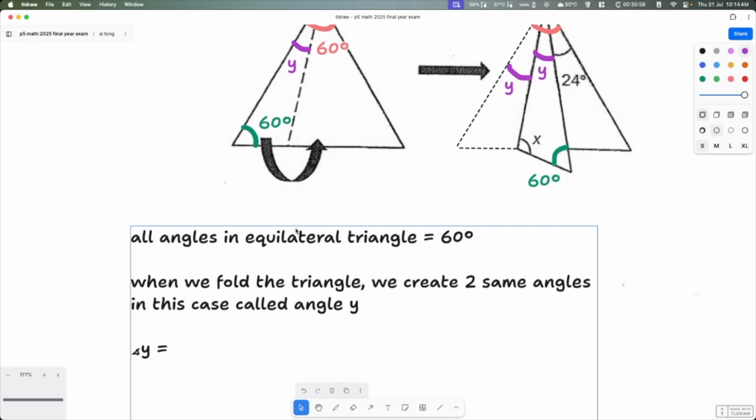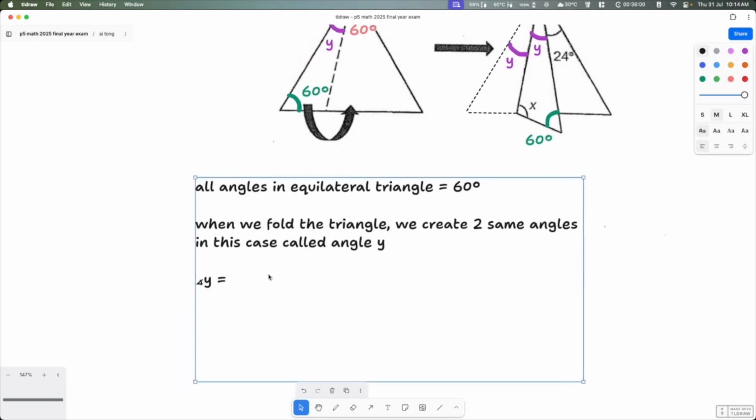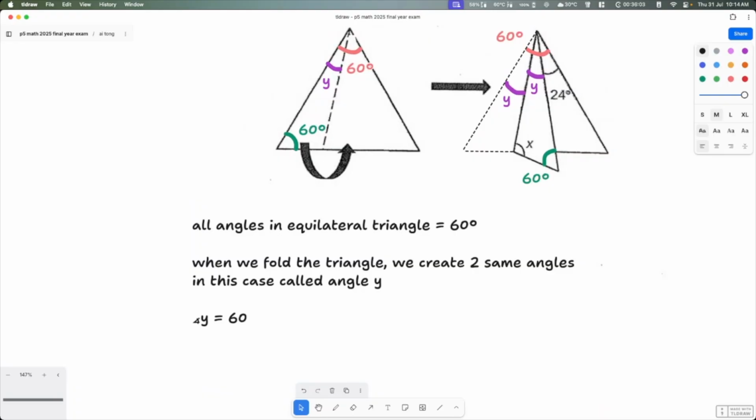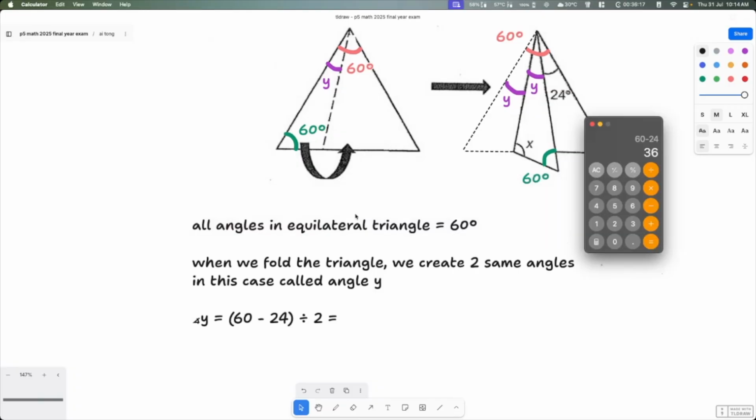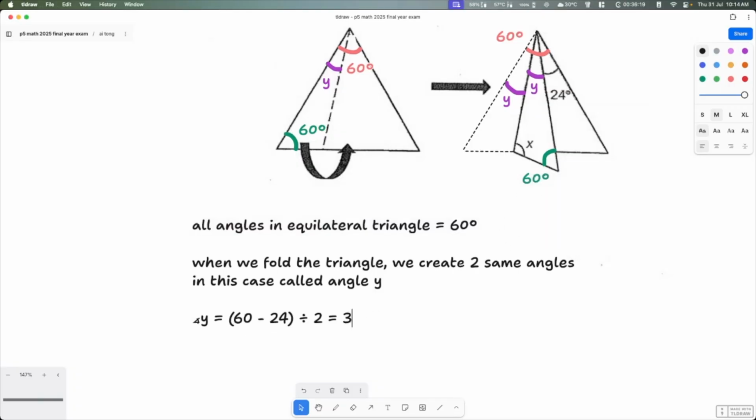So angle Y is 60 minus 24, and then we put brackets because we also want to divide it by 2. So 60 minus 24, let me use the calculator, is 36. And then you divide by 2, and this will give us 18 degrees. So now we know Y is 18 degrees.